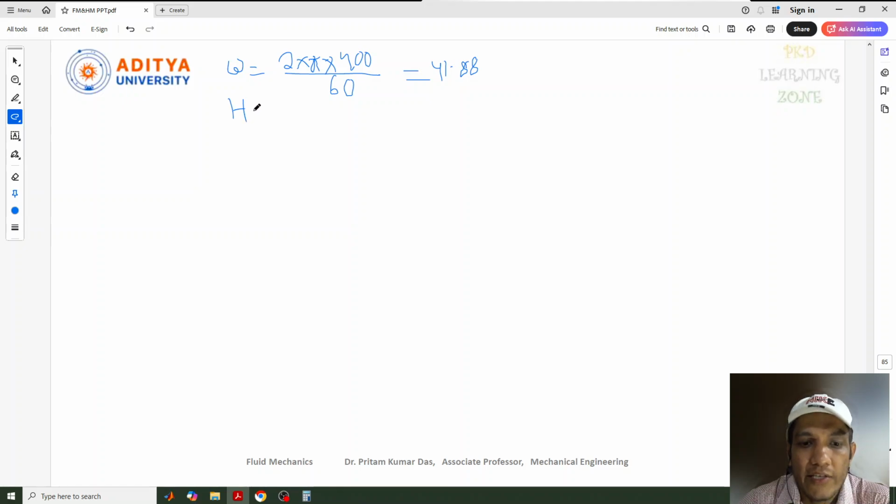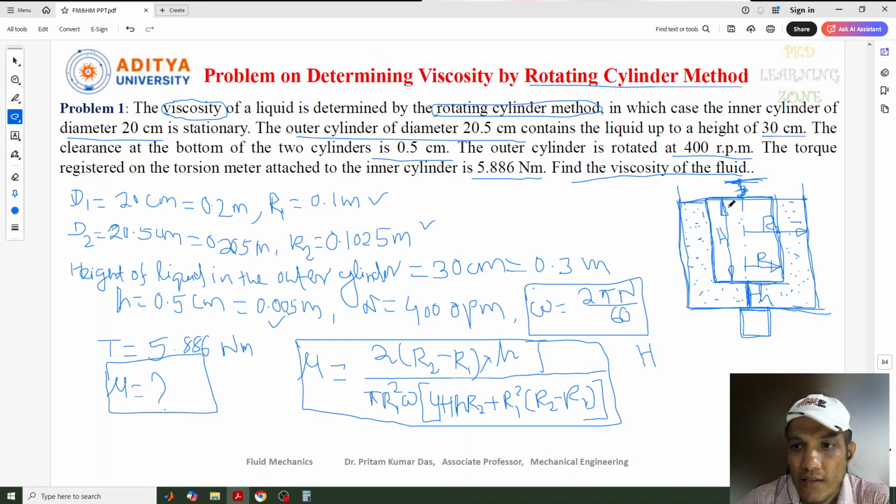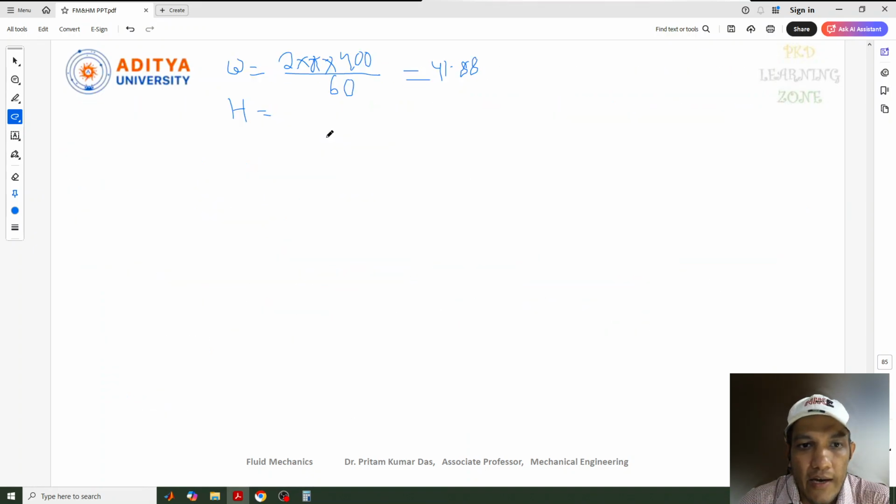As I told, the capital H is the height of the inner cylinder. We can write here 30 minus small h, the clearance between these two cylinders. So 30 minus 0.005.